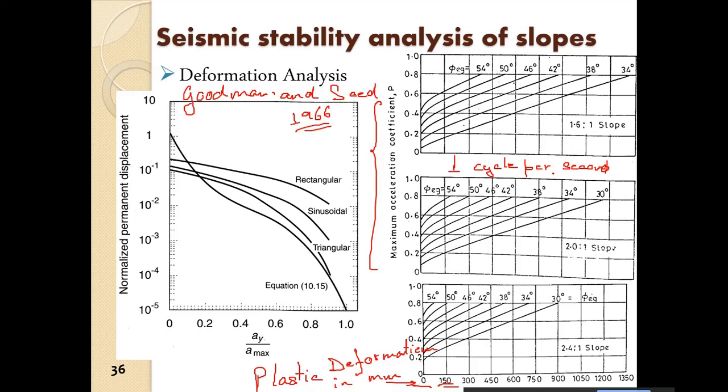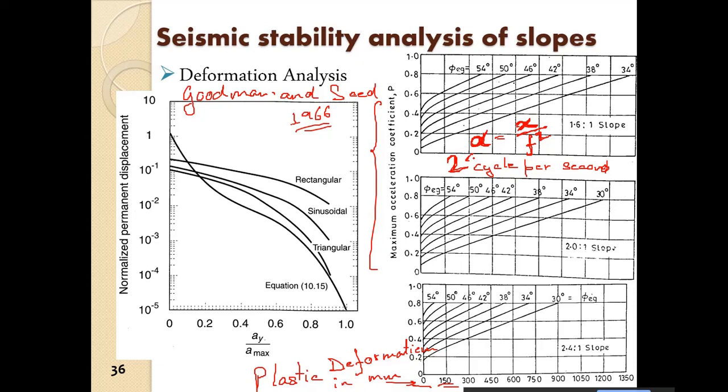Now this is displacement per cycle. If the frequency content is different, suppose we have 2 cycles per second, and we want to find out the displacement, then we take the values from here and divide by the frequency squared.